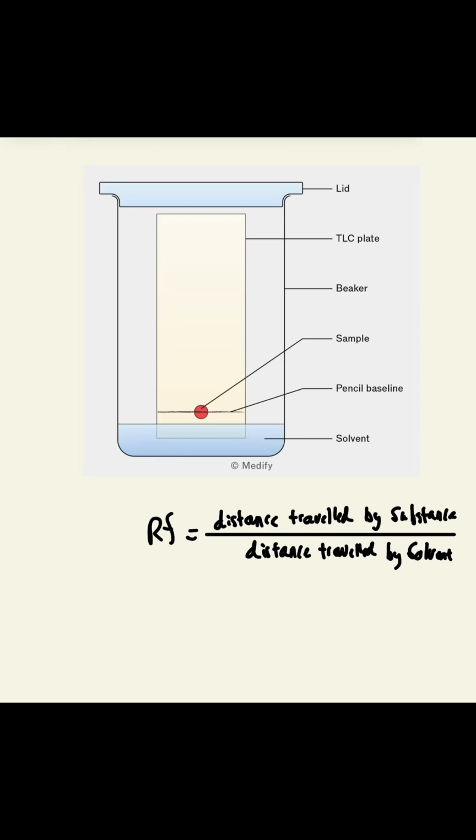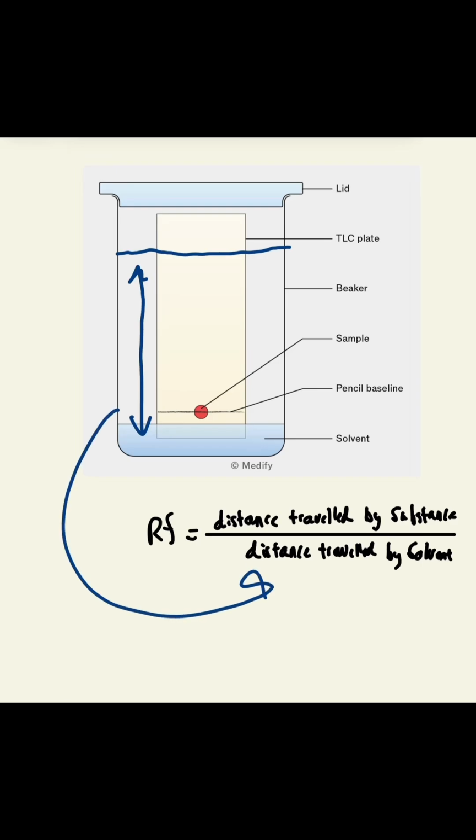The distance traveled by the solvent is how far the solvent moves up the plate, which might be until about this point. That distance would be down the bottom. The distance traveled by the substance depends on where that dot has gone to.